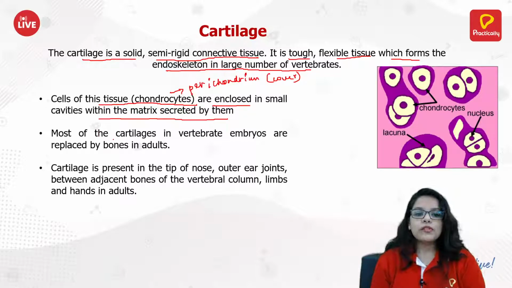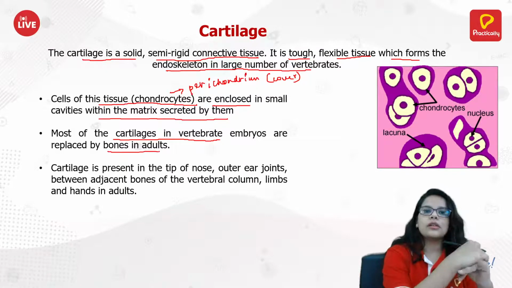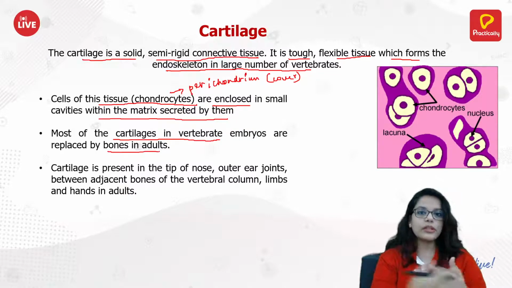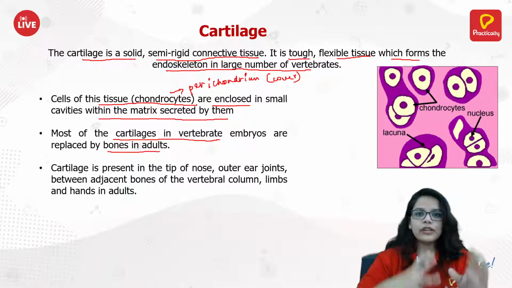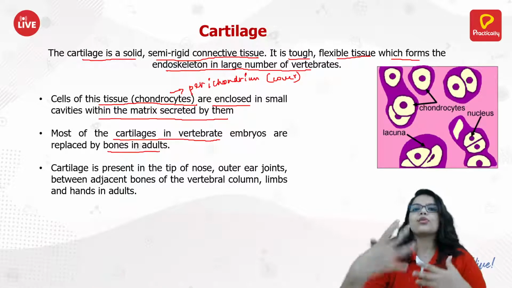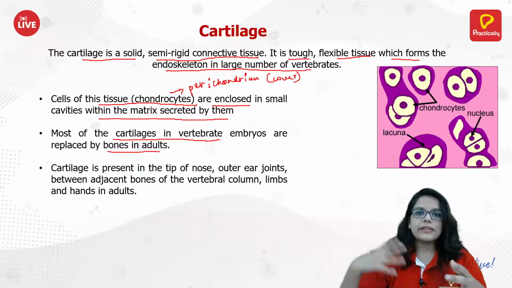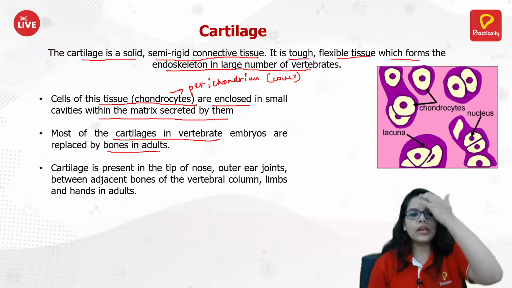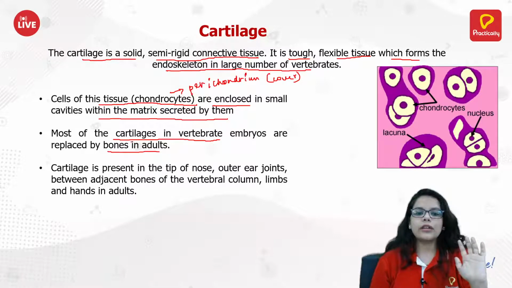Most of the cartilages in vertebrate embryos are replaced by bones in adults. When the ovum and sperm meet, they form a zygote, and the zygote grows little by little, cell by cell, and forms the embryo. So the embryos have cartilages.